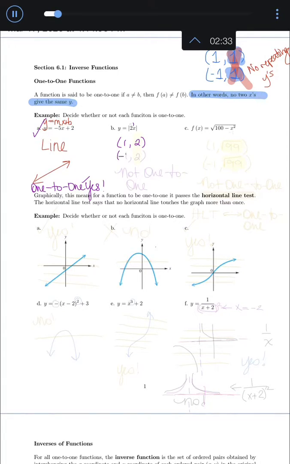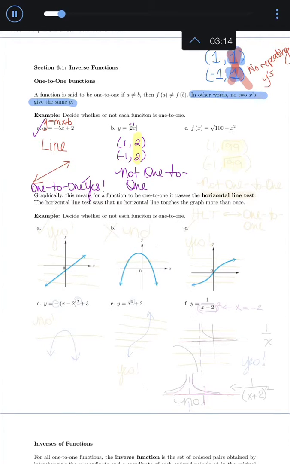But plugging in -1 gives me -1 times 2, which is -2, but then I still have to take the absolute value, and the absolute value of -2 is still 2. So the problem is that your y's do repeat. So this function is not one-to-one, because again, you have repeating y values.